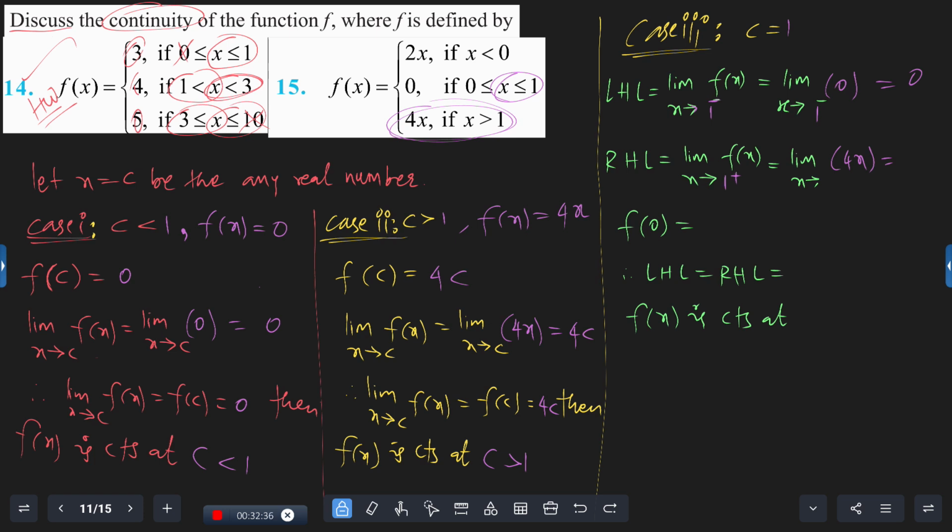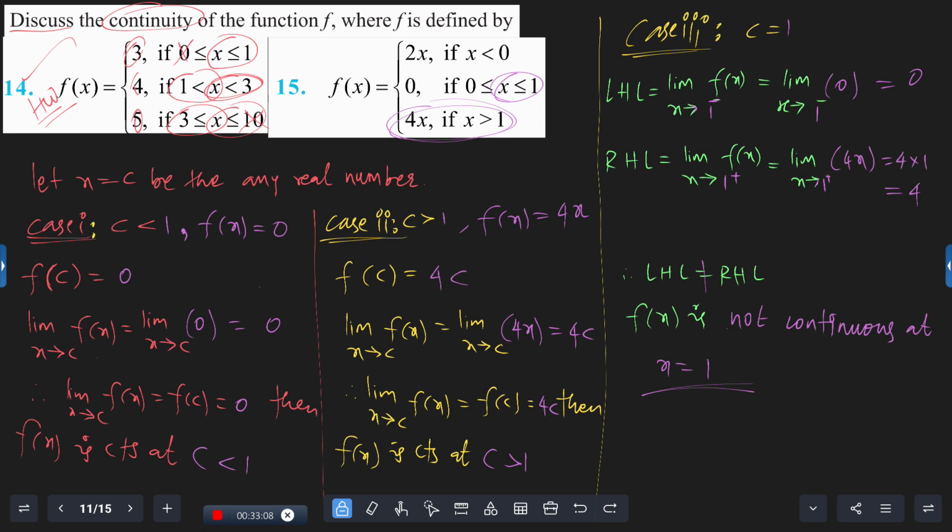Here 1 plus, then 4 into 1, which is equal to 4. So the function value we don't need. The left hand limit and right hand limit are not equal. When it is not equal, what will you say, Raja? f of x is not continuous. f of x is not continuous at x equal to 1.